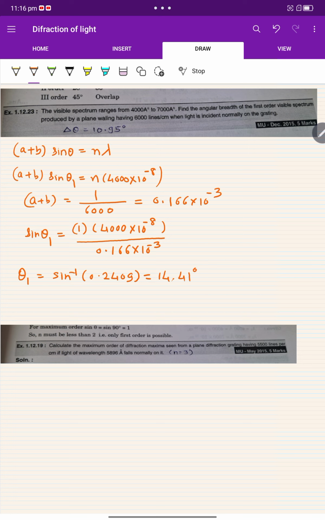14.41 degree. Similarly, for wavelength 7000, when we substitute 7000 instead of wavelength 4000, we'll get theta 2 as sine inverse 7000 into 10 to the power minus 8 divided by 0.166 into 10 to the power minus 3.